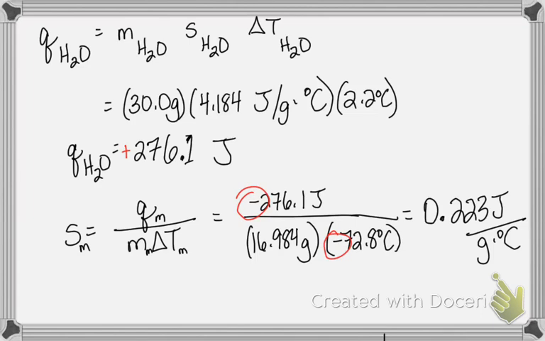Guys, specific heats are always positive numbers. And remember, as I told you, for metals, the specific heats are small numbers. This is a small number for specific heat. It's a decimal number. And there are more problems like that in your book on pages 200 through 205, where it does calorimetry.